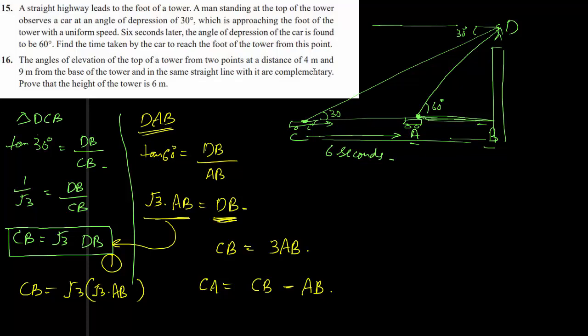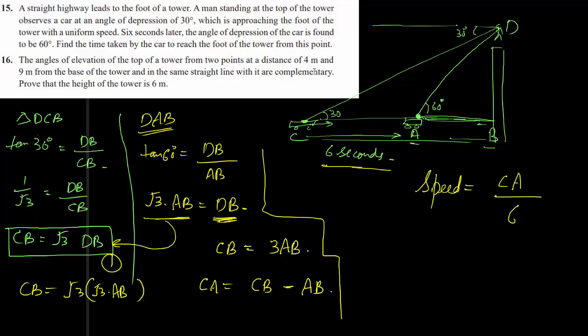Now let us see what this 6 seconds will give us. We know the speed is equal to distance traveled divided by time taken, right? So speed is CA divided by 6. Or, let us take the speed as S, CA is 6S. So CA is 6S.